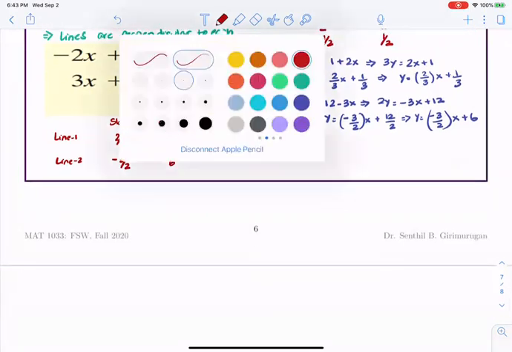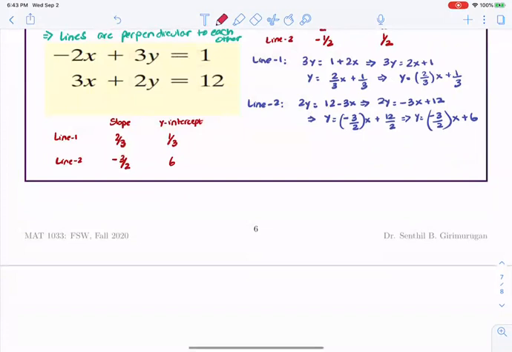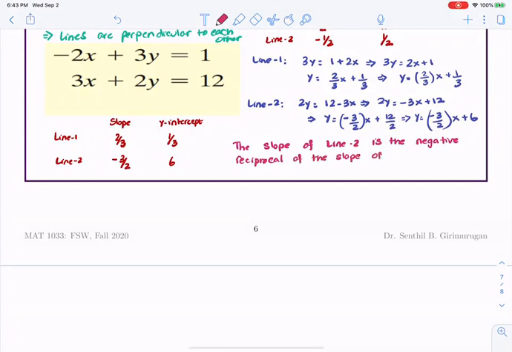So in conclusion, the lines are perpendicular to each other.